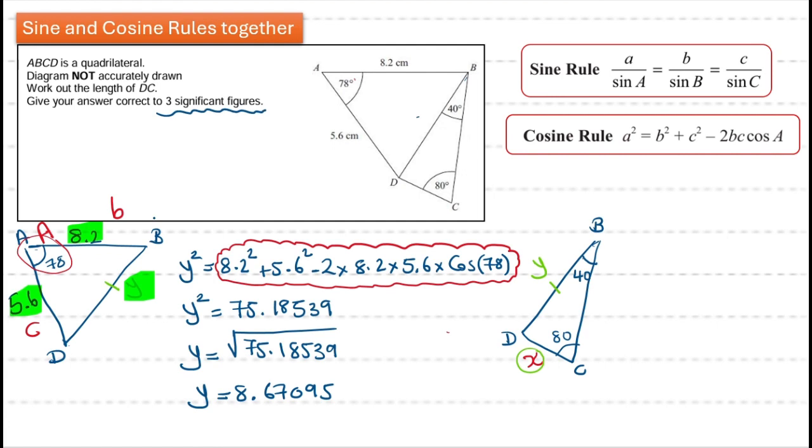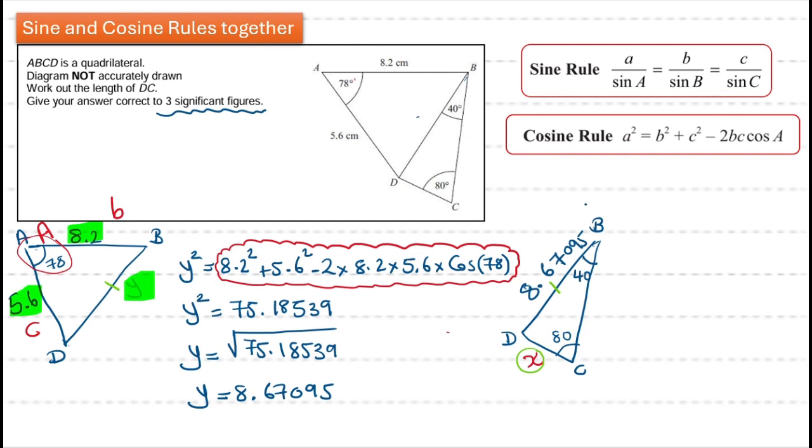So now that we worked out the value of y, we can move to the triangle on the right hand side, which is the triangle BCD, and write the answer instead of y. So we write 8.67095. So remember that we mentioned earlier that because we have two angles and their opposite sides, therefore we can use the sine rule in triangle BCD.